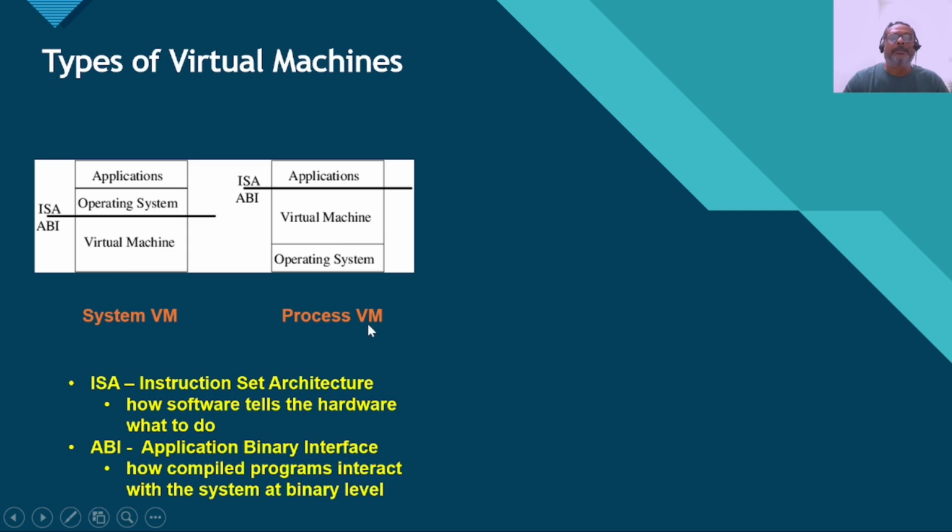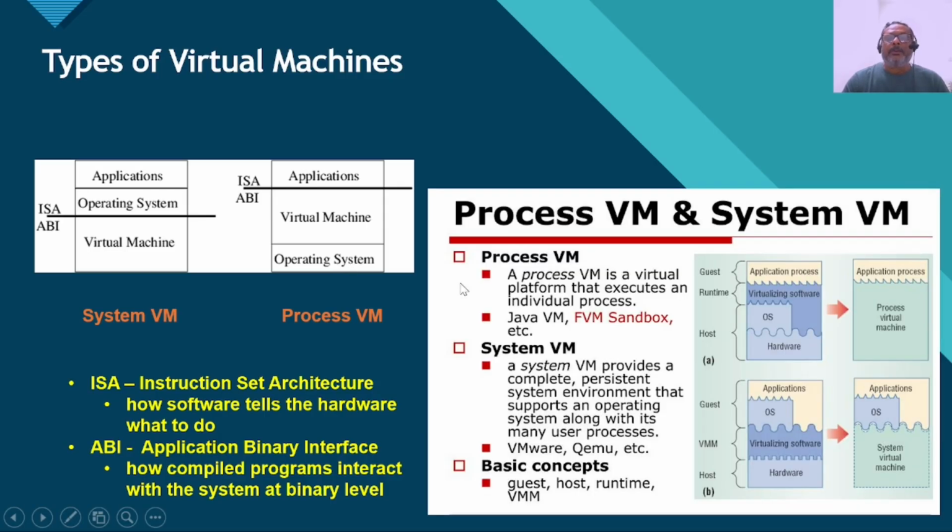Whereas in the process virtual machine, the compiled version of the program itself is interacting with the virtual machine, and the virtual machine in turn interacts with the operating system, which further interacts with the hardware.